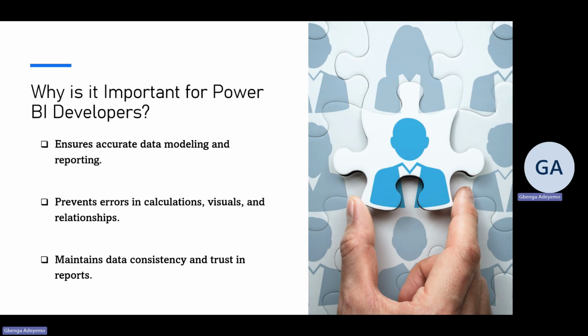One of your core functions is that you must prevent errors in calculations, in your visuals, and in your table relationships. You must maintain data consistency and trust in your report. Your end users must be able to trust whatever report you are creating for them, right?